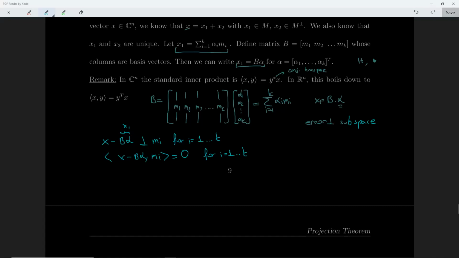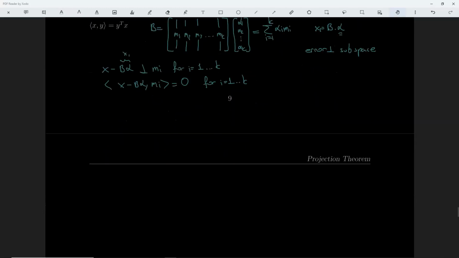And if I write down those inner products by using this standard definition, so I will take the complex conjugate transpose of mi times x minus B alpha, and that should be equal to 0, for i equal to 1 to k.